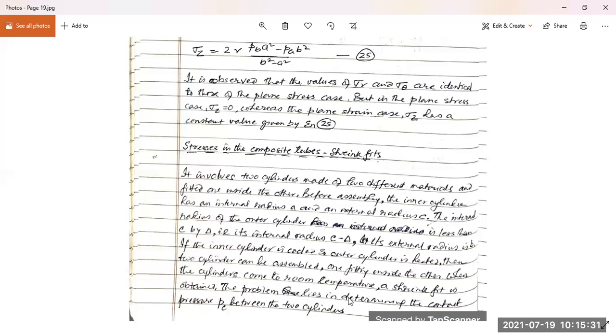Now, that is the external radius. So the internal radius is supposed to be C minus delta itself. Its external radius will be B. Means the outer cylinder has internal radius C minus delta, and the outer cylinder's external radius is equal to B. So we have A as the internal radius of the inner cylinder, external radius equal to C, and the outer cylinder has an external radius equal to B itself, but its internal radius is not equal to C but equal to C minus delta.